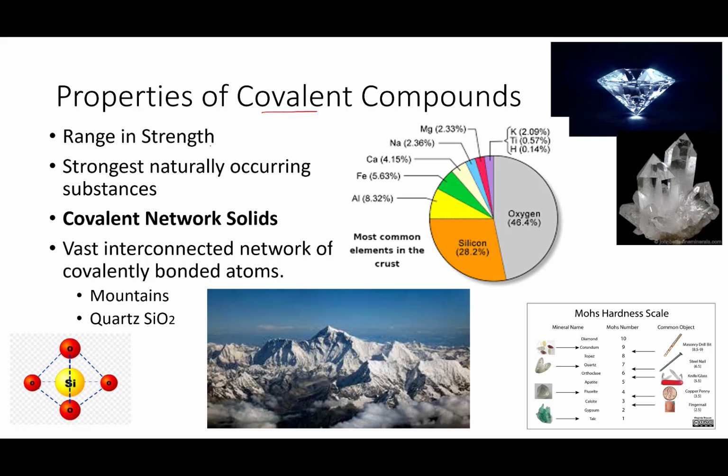Now, these covalent compounds can range in strength. Some are the strongest naturally occurring substances. These are covalent compounds that can create what are referred to as covalent network solids. So these are covalent bonds whose structure, their shape, has produced the strongest things we know of.